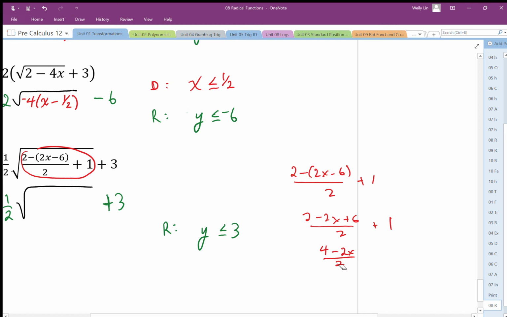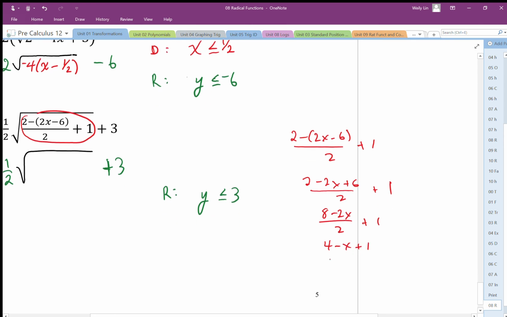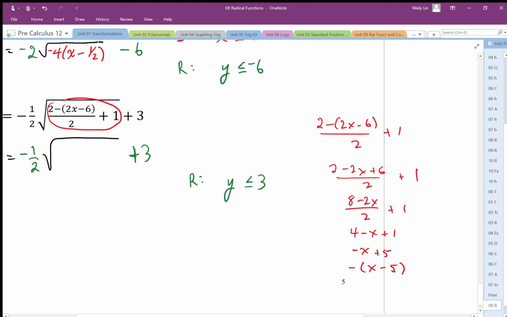Oh, sorry, that's going to be 8 minus 2x all over 2, plus 1. This is going to be 4 minus x plus 1. So I'm going to end up with negative x plus 5. I want the factored form, so I'm going to factor that negative out and do it like that. So there's my factored form of that original expression.